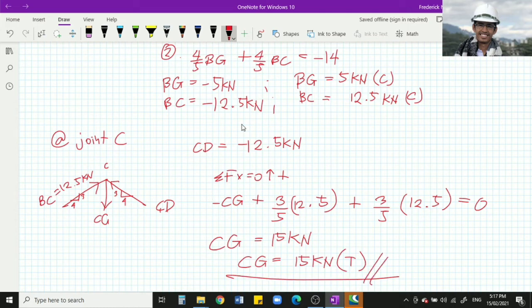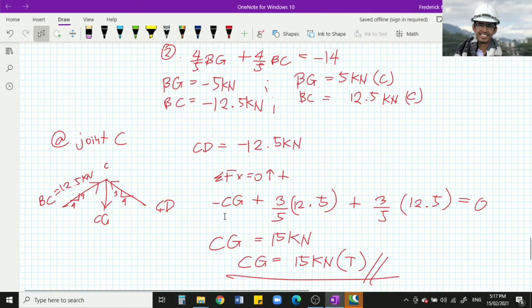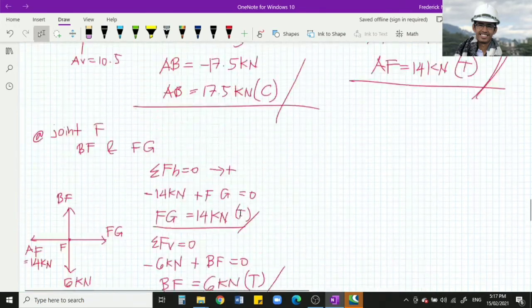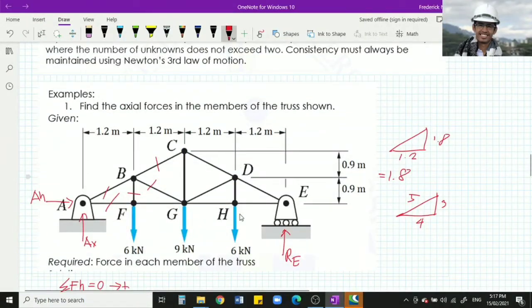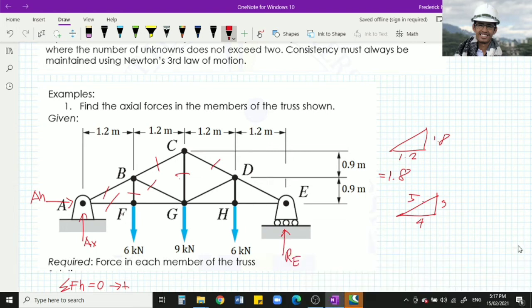So nakuha na natin yung force sa member CG and CD natin, okay? So kung makikita nyo class, nakuha na natin yung CG tsaka CD natin. So dahil symmetrical sila, kung 12.5 ito, so yung AB natin, force member AB natin, same lang din siya dito sa force DE natin, okay? Yung force BF natin, that will be equal din sa force ng DH natin dahil symmetrical sila.